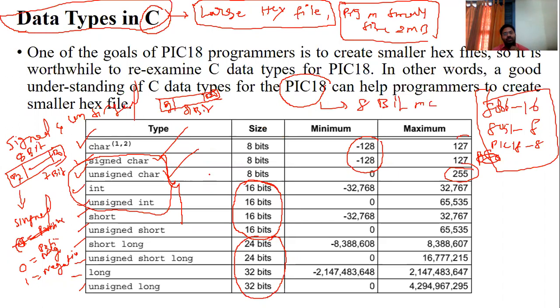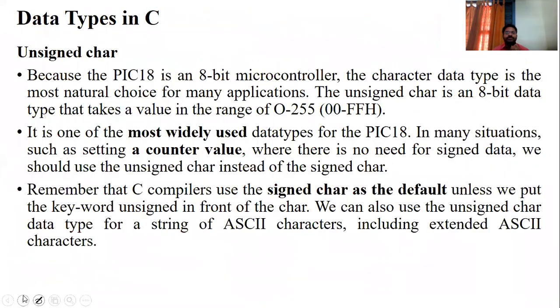If you want it without any sign, only then you can utilize unsigned character. The advantage of using unsigned character is that we utilize 8 bits thoroughly. With signed character, you can only use 7 bits of data. The 8-bit data is not possible.